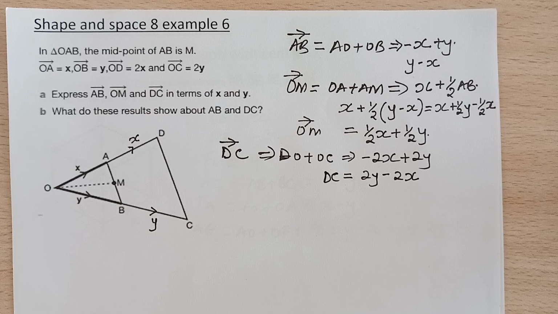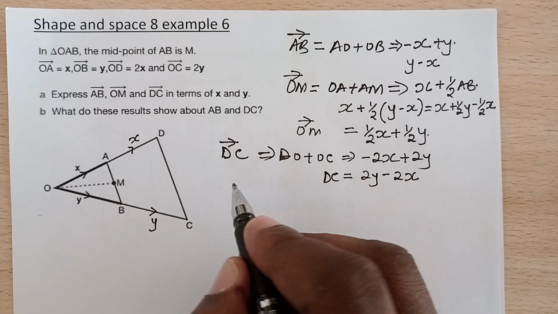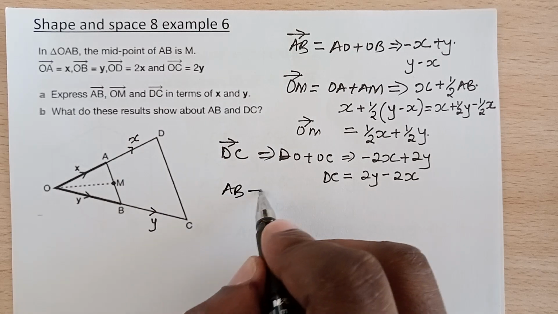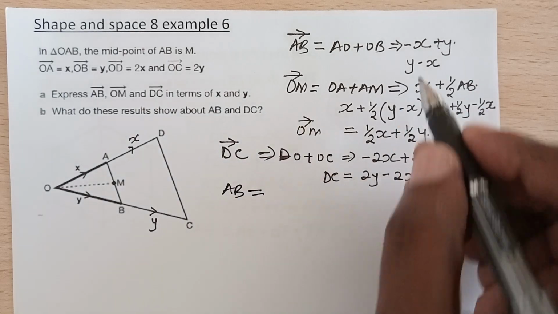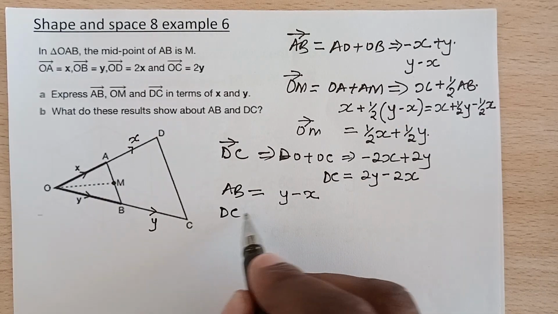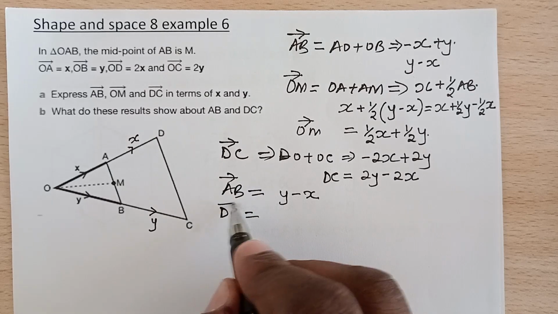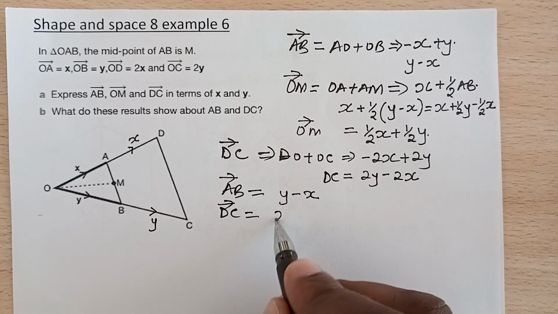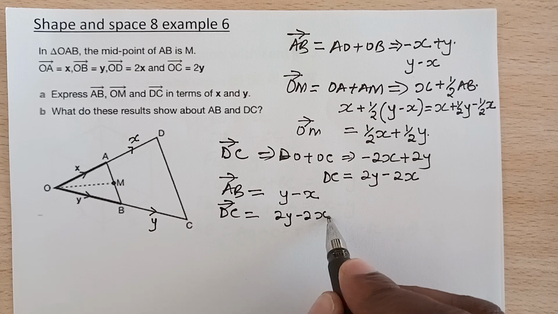Part B of the question, what do these results show about vectors AB and DC? We have to highlight them. Vector AB is y minus x, and vector DC is 2y minus 2x.